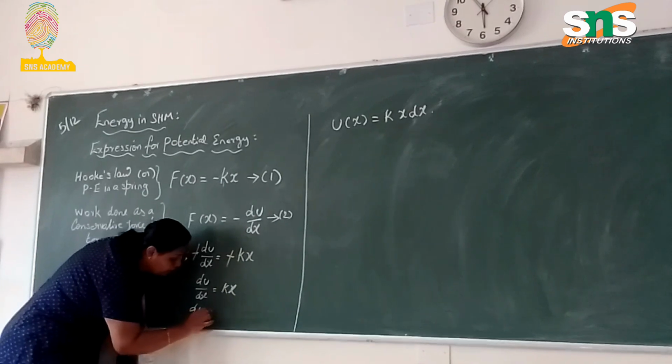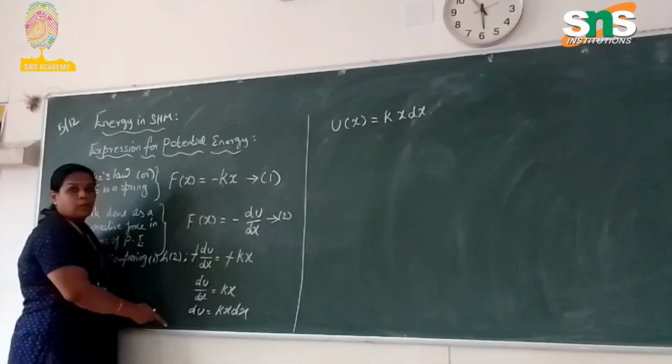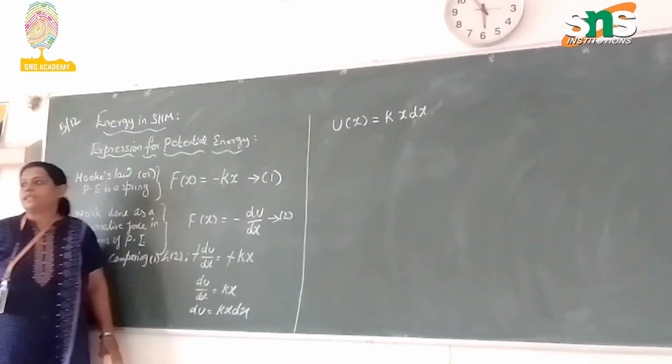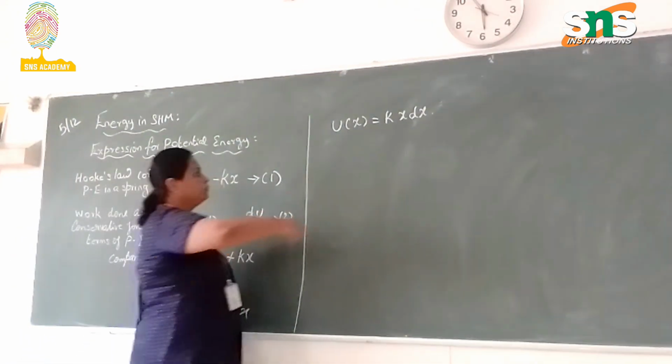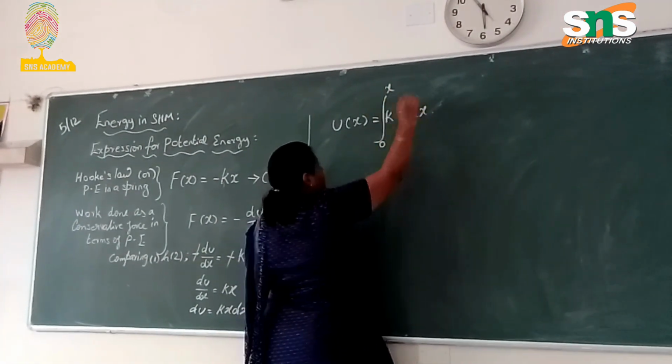My du will be kx into dx, within the limit 0 to x.